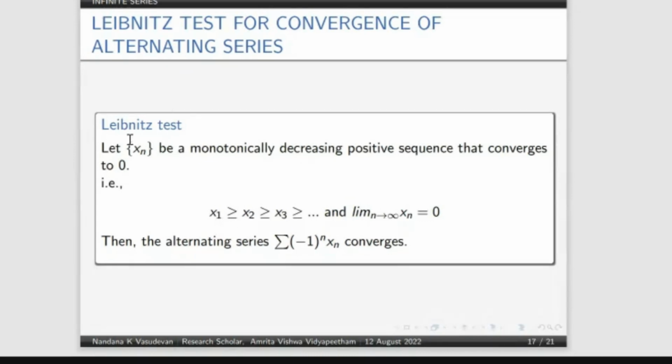So we first take the sequence, which is monotonically decreasing and positive, and its limit value is 0. Then the alternating series sum (-1)^n x_n converges. If these two conditions hold, I can say that my alternating series defined using this sequence converges. This is the Leibniz test for convergence of alternating series.